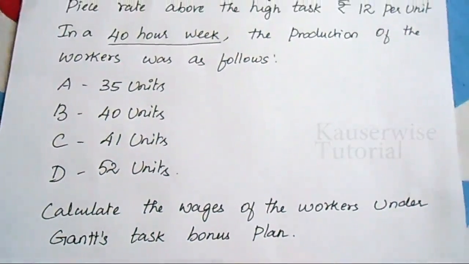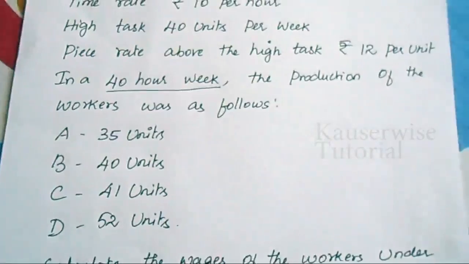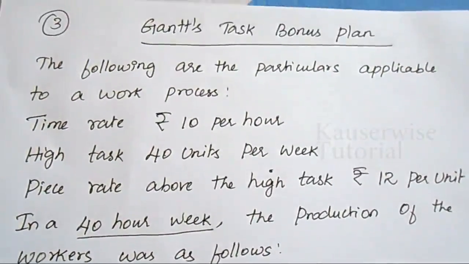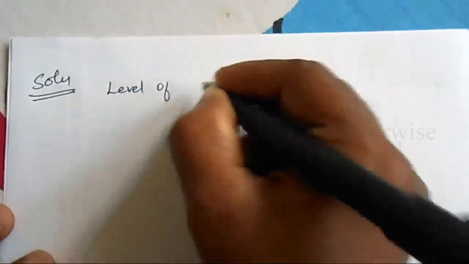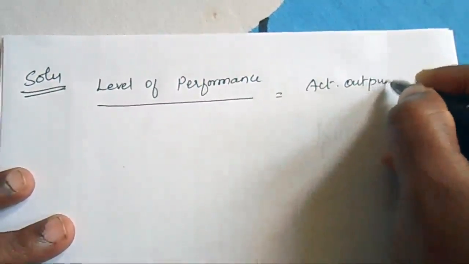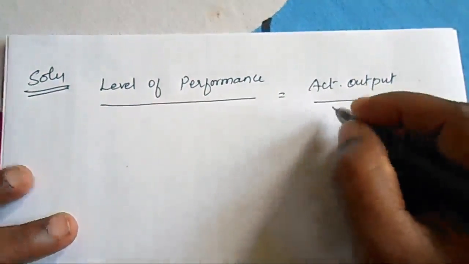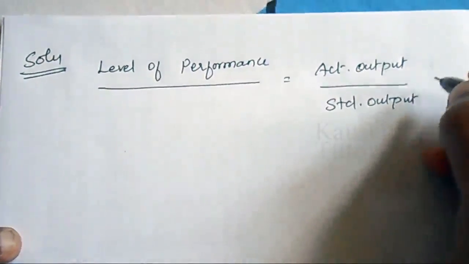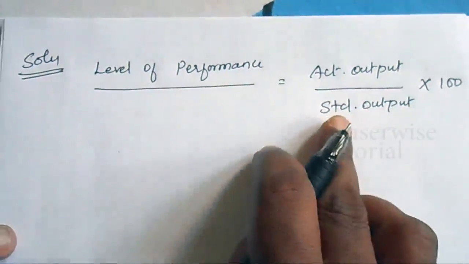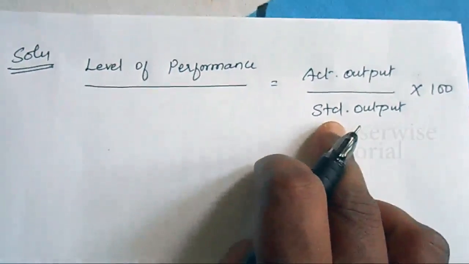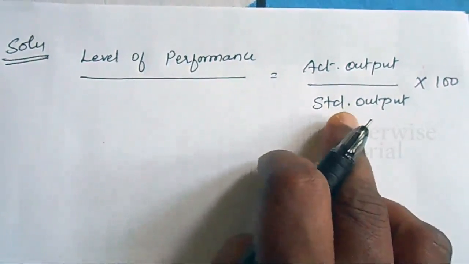We have discussed the three different points now. So first you need to find the level of performance. What is the formula for level of performance? Level of performance is actual output divided by standard output into 100. Standard means the high task fixed by the organization, called the high task or standard task.